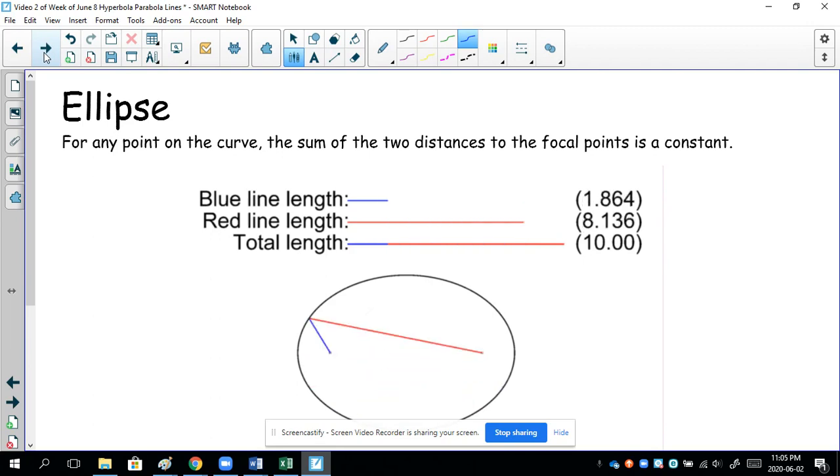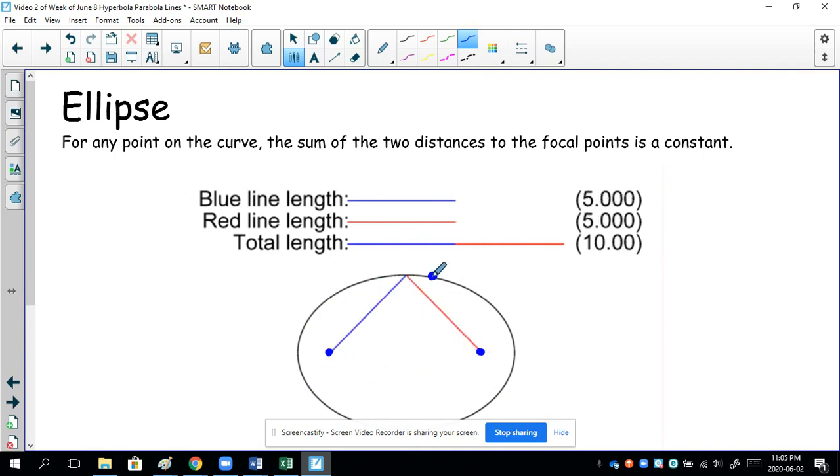Now we have the ellipse. So in the ellipse, I'm going to see if I can draw it here. We don't have a center, but we have foci or focal points. So the ellipse is the set of all points, or the locus of points, such that, okay, so I have an animation here.